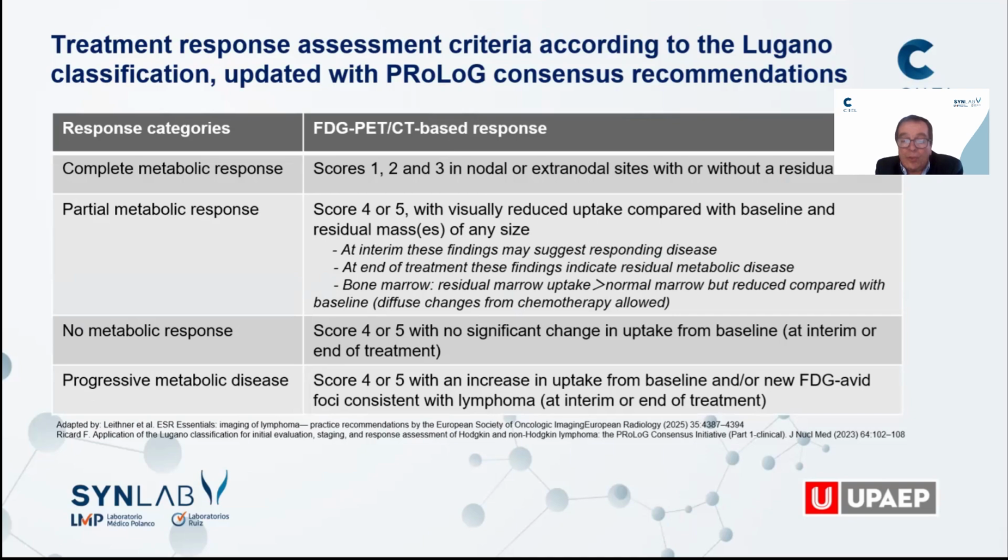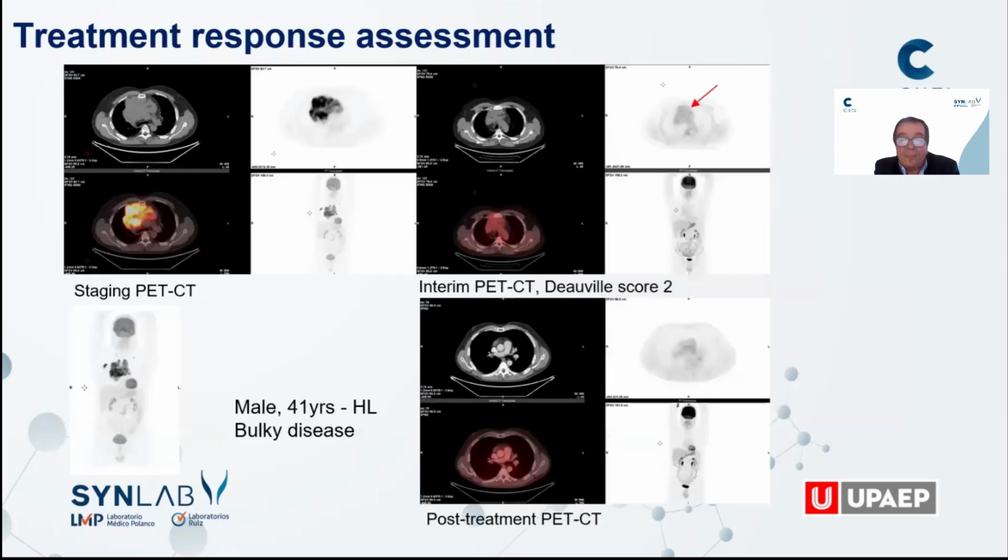This evaluation regards in particular the Deauville score 4 or 5, giving additional elements to categorize the patient as a no metabolic response or progressive metabolic disease.